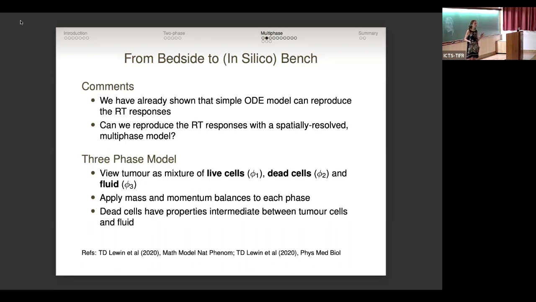I'm actually going to assume now that my live cells are a viscous fluid. And I'm going to assume that my dead material is somewhere between an isotropic fluid and a live cell, right? I'm going to hedge. I'm not quite sure how to characterize it. And part of this will be looking at what the consequences of the properties of those dead cells are, how that affects the tumour's growth dynamics. Yes?